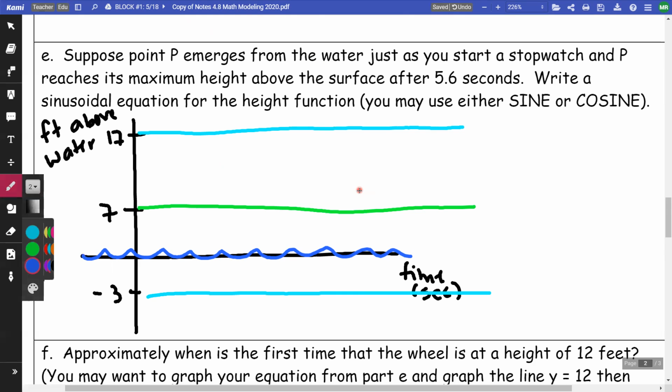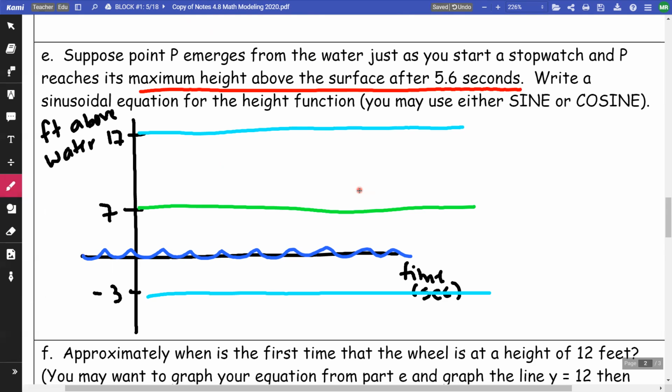They told us in this problem that the max height is 5.6 seconds after they started timing. So I'm going to have 5.6, and I'm going to do 1, 2, 3, 4, 5 values. I will figure out this last one here because I need the start and I need the end.